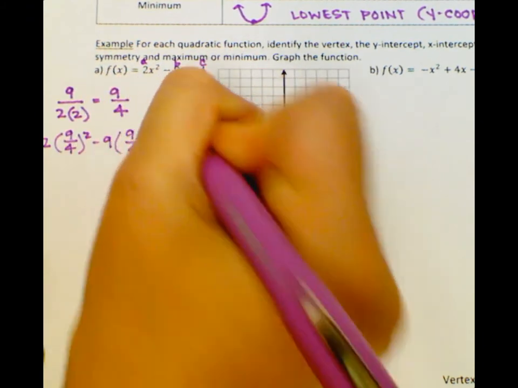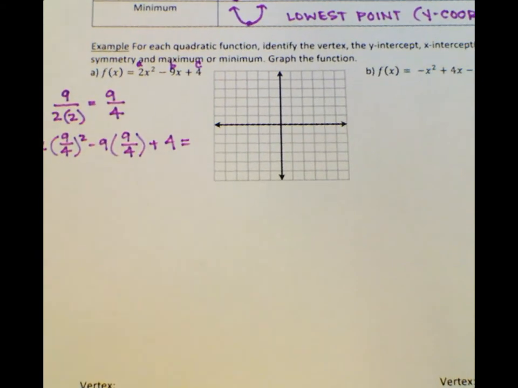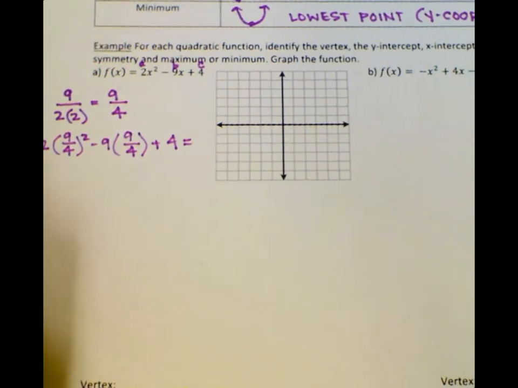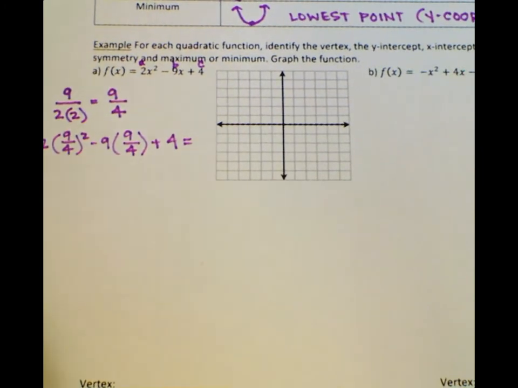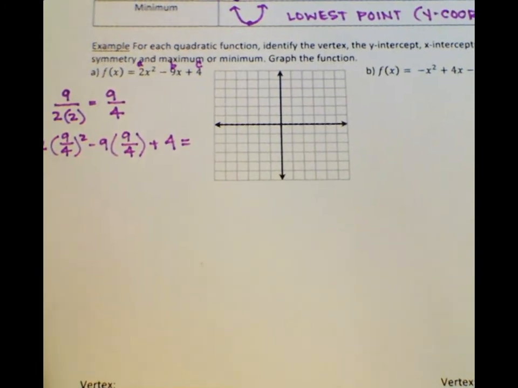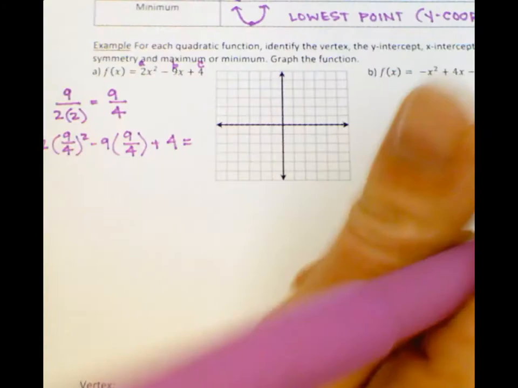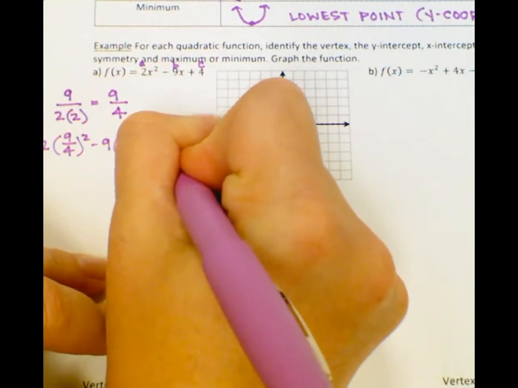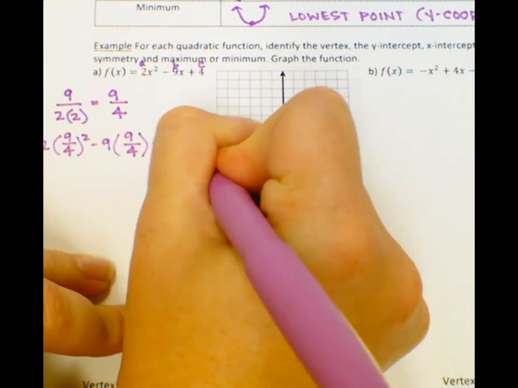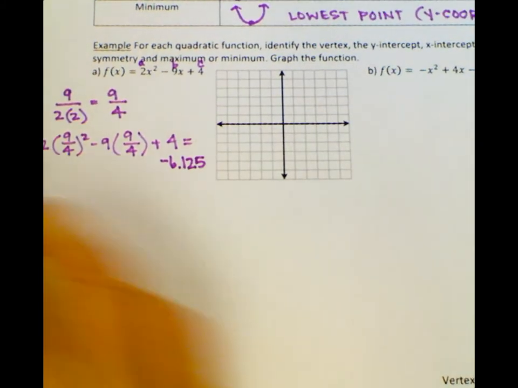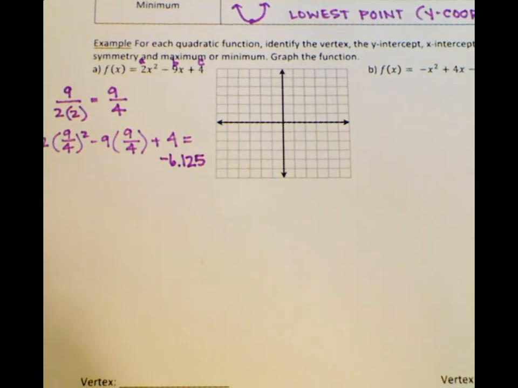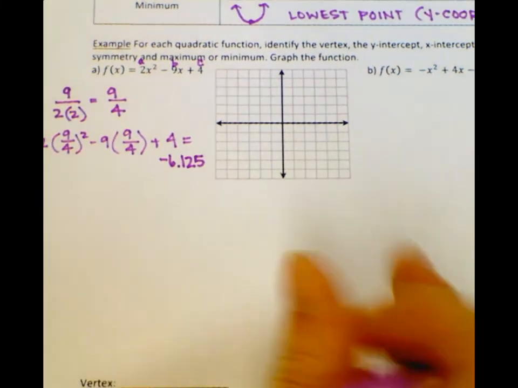So all I'm doing is just plugging it back in. I've got my calculator over here. You can't see it, it's off screen. But I'm just plugging in. It's not that big of a deal. And it is negative 6.125. If you want to turn this into a fraction, remember you just hit math, frac.